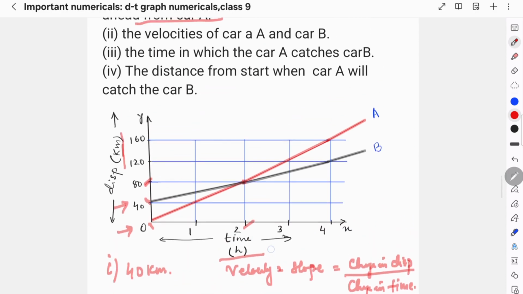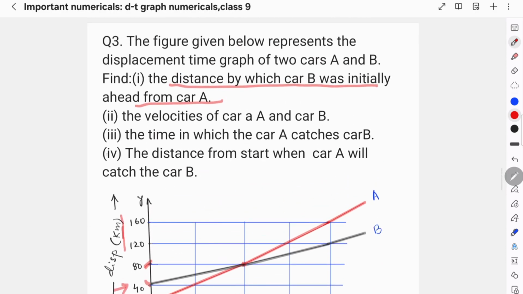Now the last part, what they are asking. The last part is the distance from start when car A will catch car B. Here they were asking the time, so it is 2 hours. Now they are asking the distance where car A will catch car B.